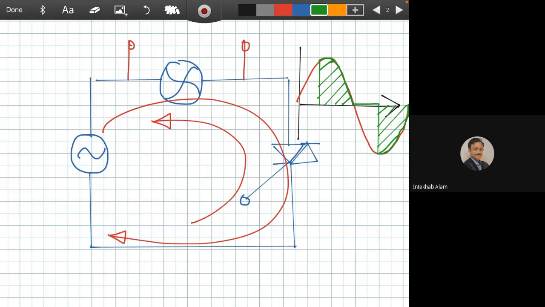So if we calculate the RMS value, there will be no DC value, only the AC value will be here.